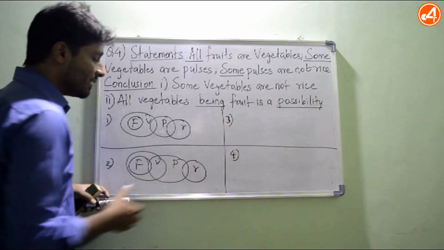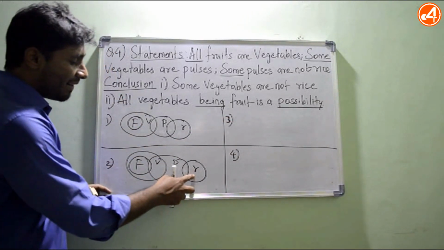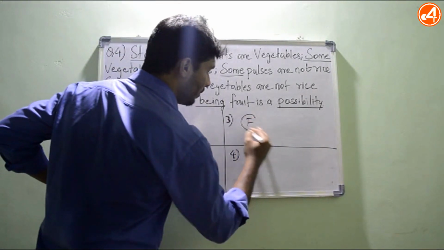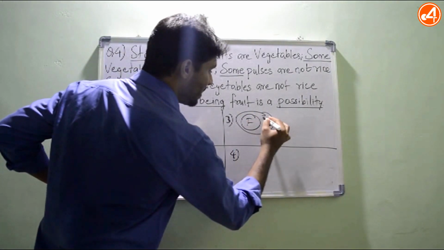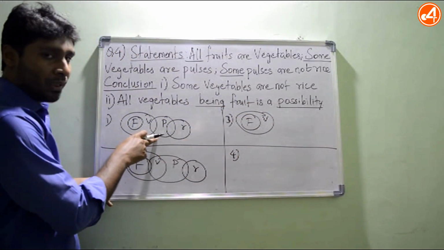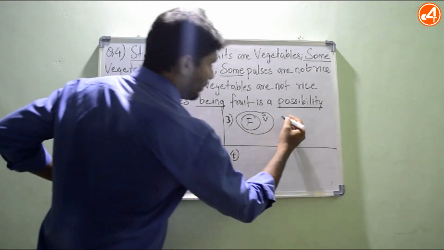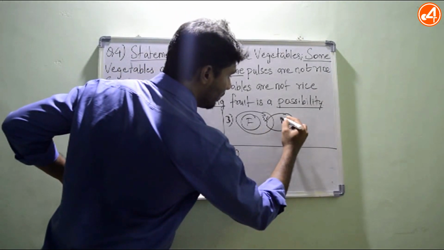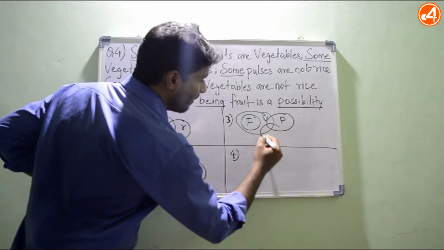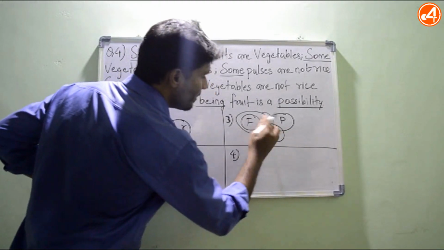So in the third diagram I can simply go for rice being connected with vegetables. So fruits coming in the vegetables, all fruits are vegetables, and again pulses I can simply take this one. Got it? Pulses, and rice I can go for like this one. Rice can be getting connected with these vegetables also.